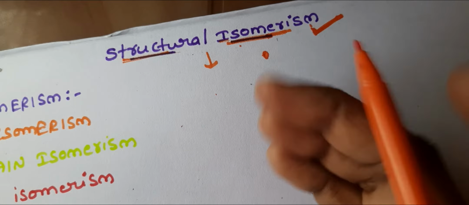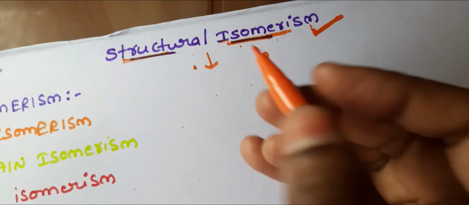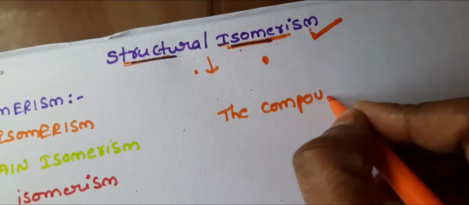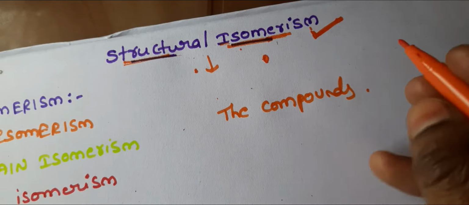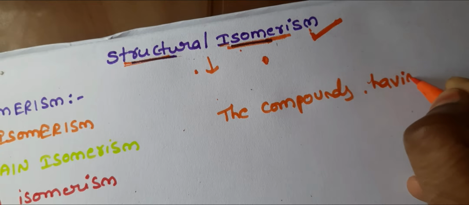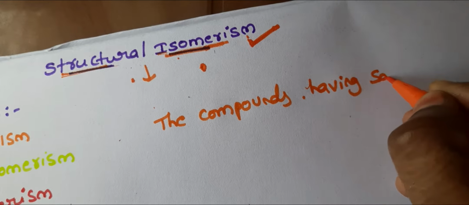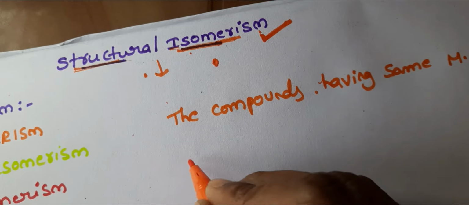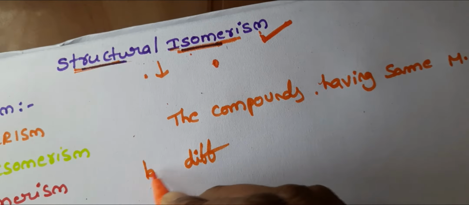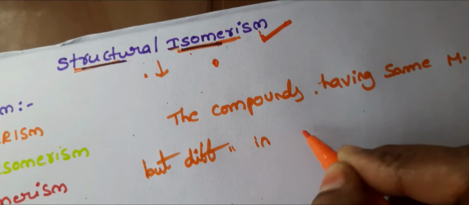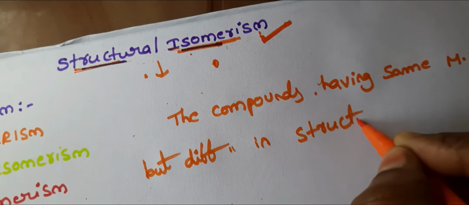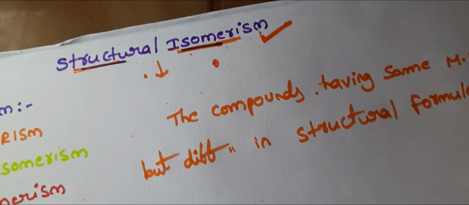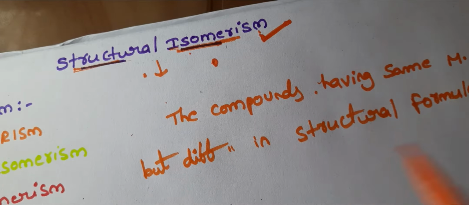So how can we define structural isomerism? Structural isomers are the compounds having the same molecular formula but different structural formulas.